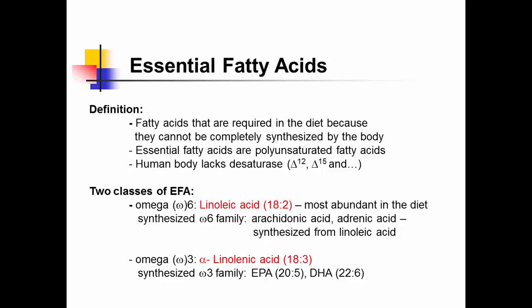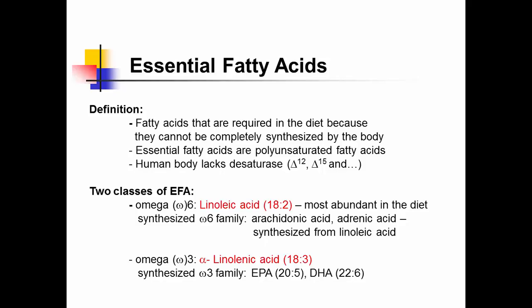some of the polyunsaturated fatty acids in the body, so essential fatty acids, right? There are two classes of essential fatty acids, omega-6 and omega-3. The omega-6 essential fatty acid is linoleic acid.